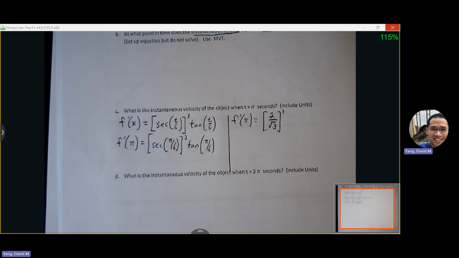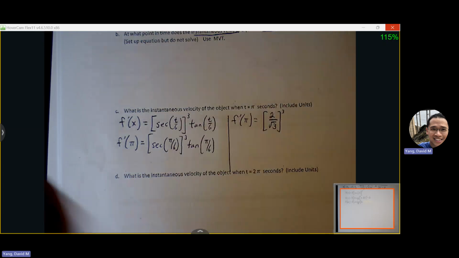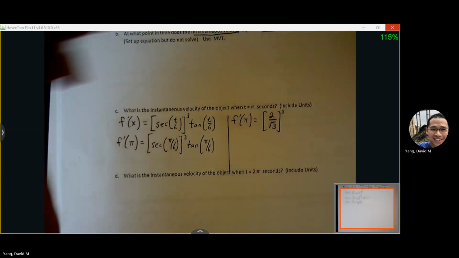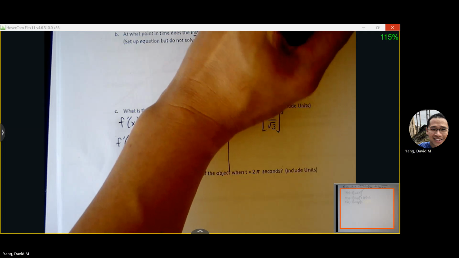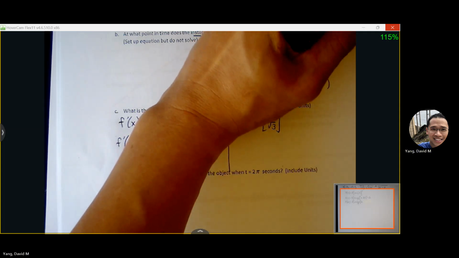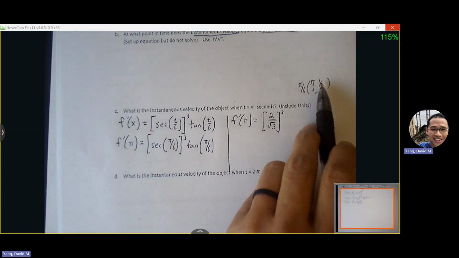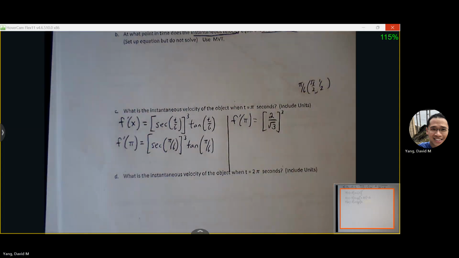Tangent of pi over 6 would be 1/√3. Sine over cosine is tangent.